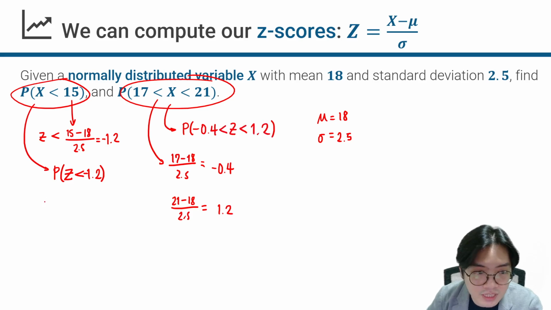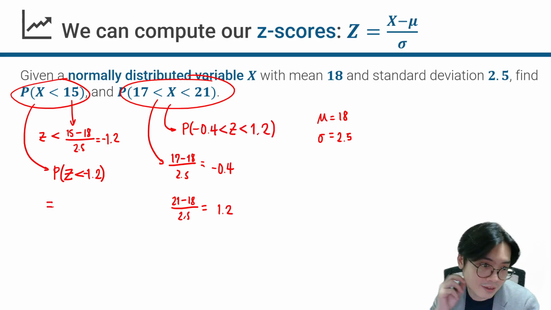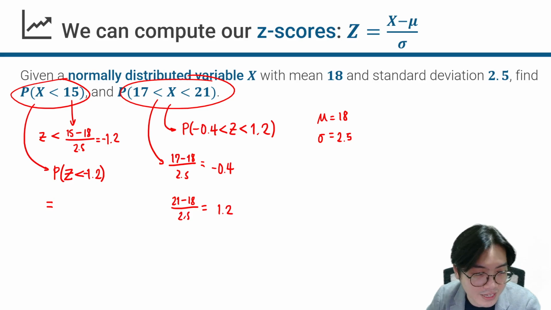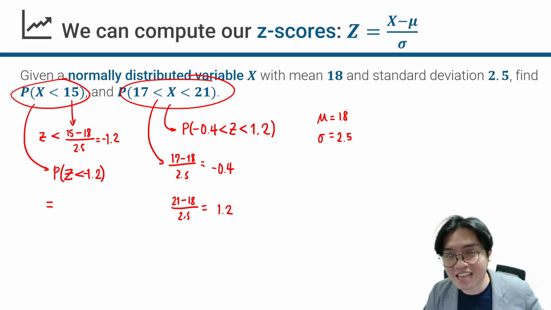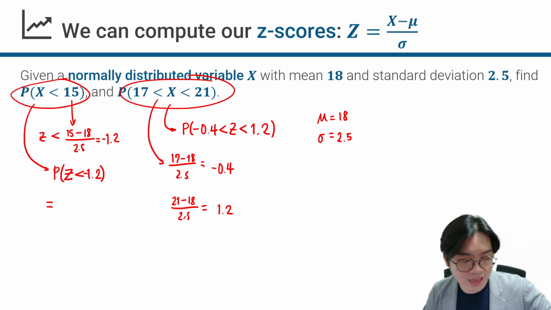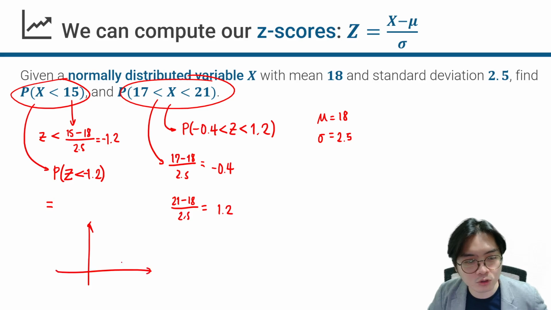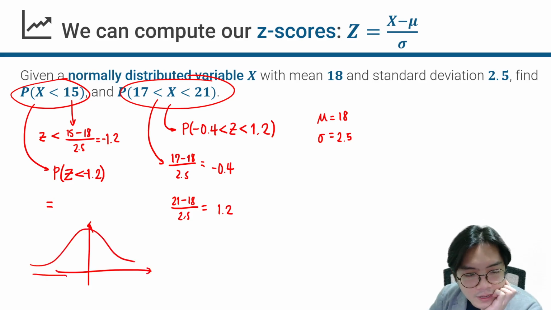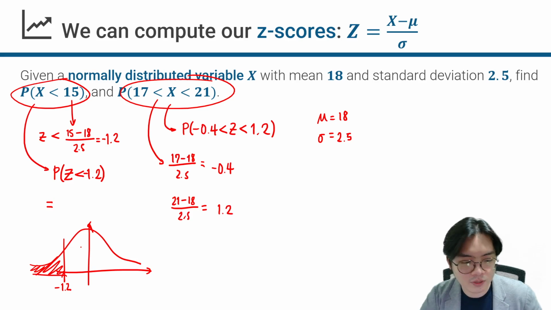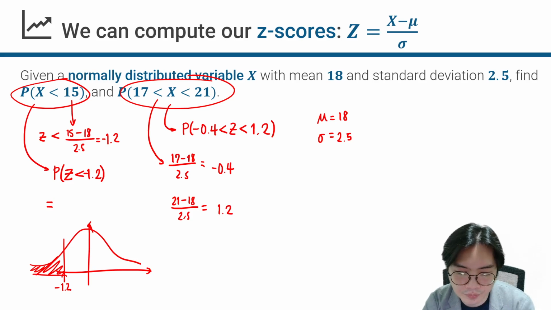For this, I'll just bust out my calculator so that we're done very easily, right? This is x less than 15. So in this case, if I were to draw this z-score right here, this is negative 1.2, less than 1.2. So we just put in our calculators.